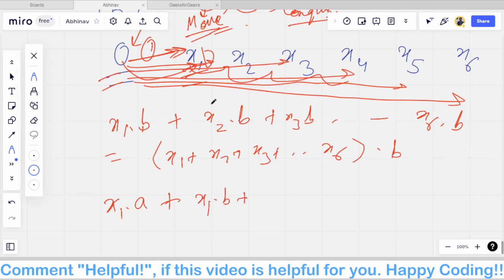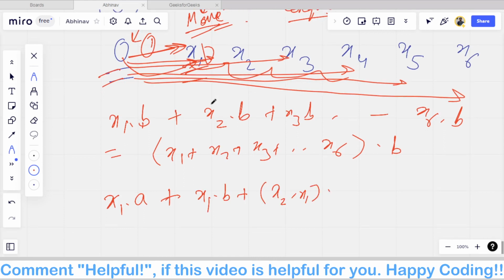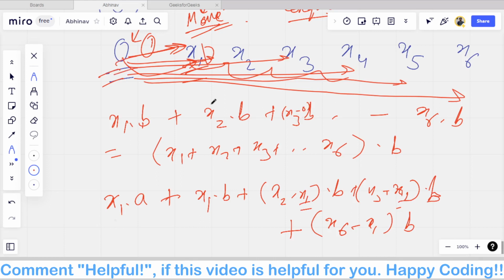For all the others, the amount required will be (x2 minus x1) into b plus (x3 minus x1) into b, plus up to (x6 minus x1) into b. Why x1 minus? Earlier I did x3 minus 0 because we were at 0, but now we are at x1. We have come to x1.